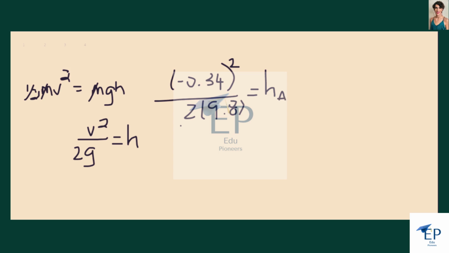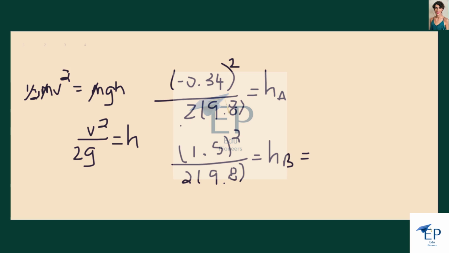And then using the velocity of B, which was 1.5 squared divided by 2 times 9.8, would give us the height of B after the collision.